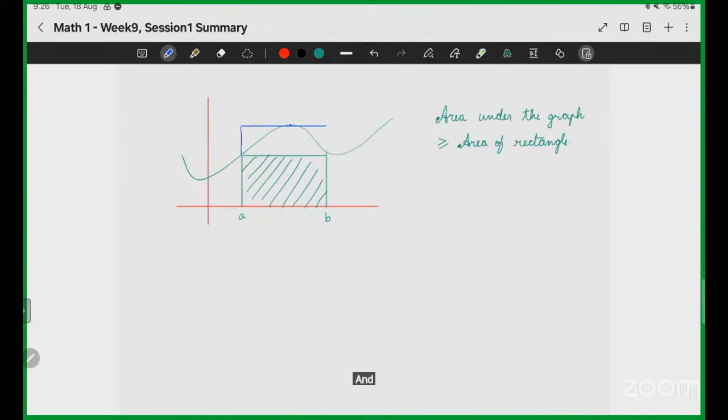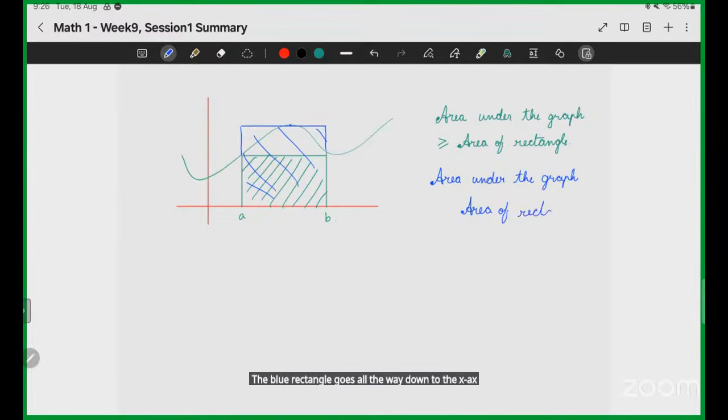If I compute the area of this rectangle, is the area under the graph greater than or equal to, or less than or equal to, the area of this blue rectangle? The blue rectangle goes all the way down to the x-axis, remember. What is the sign that needs to be put there in between? It's less than or equal to.